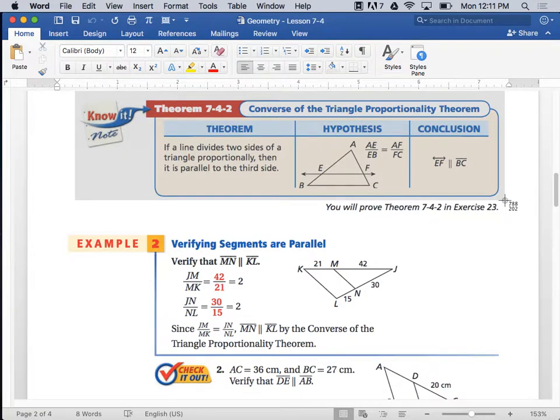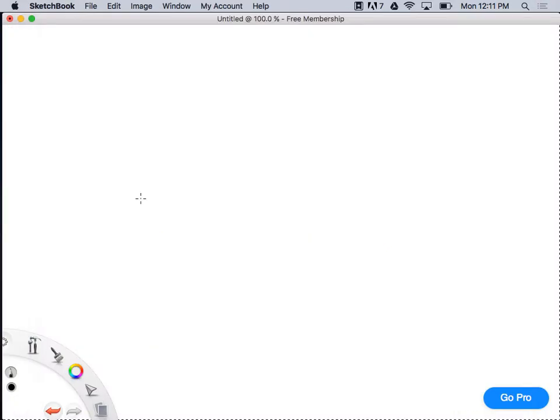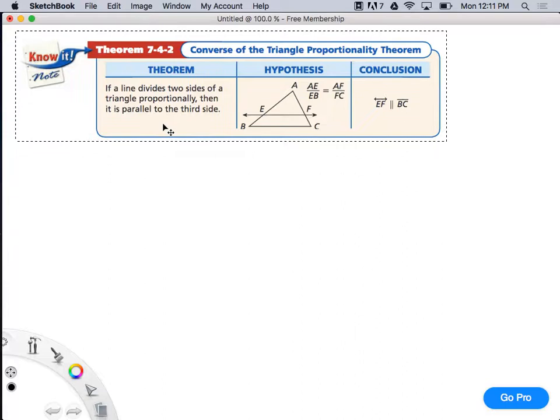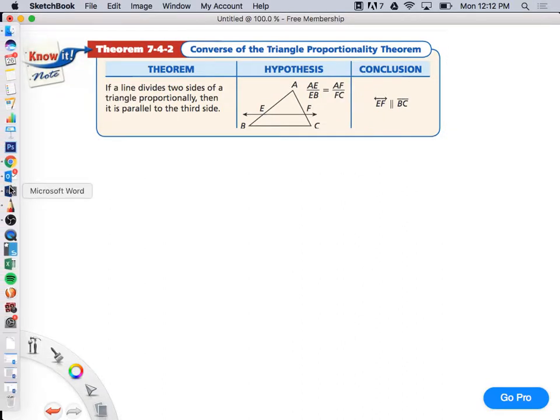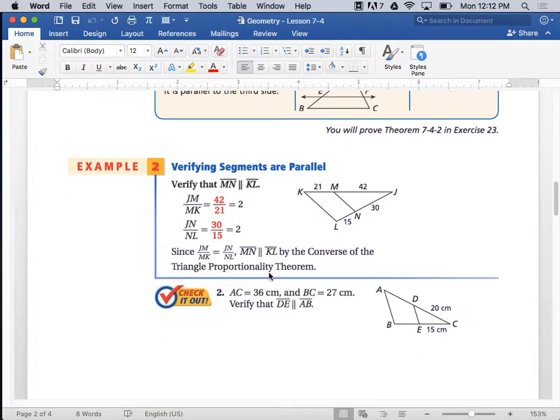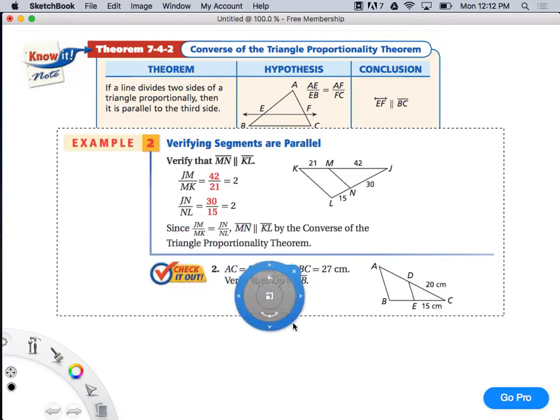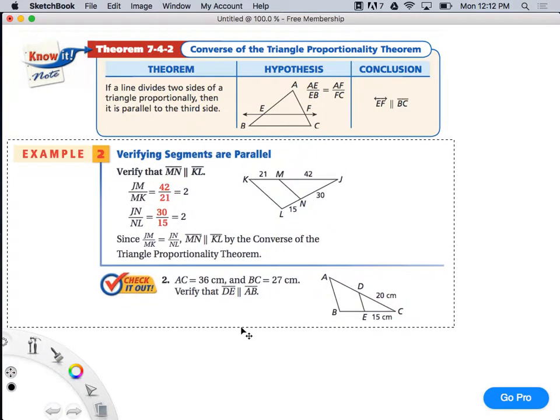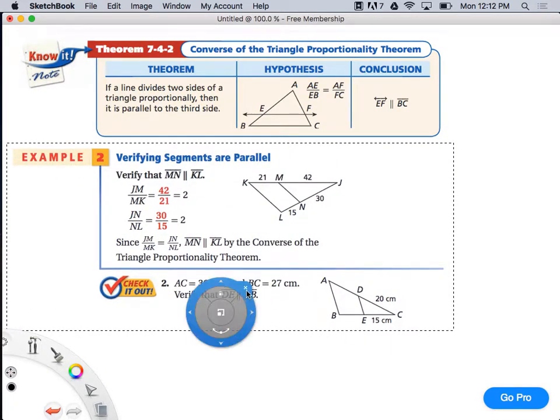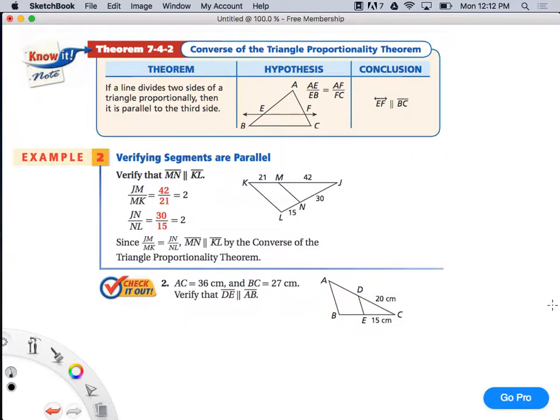Go ahead and read that to yourself. Okay. What is this saying?